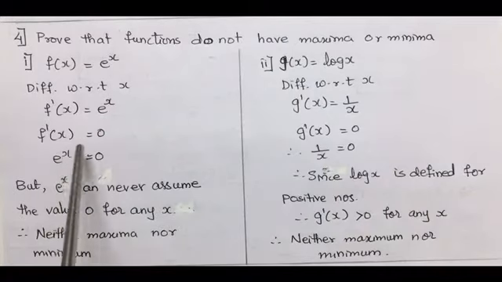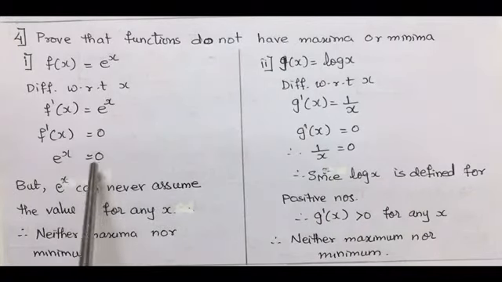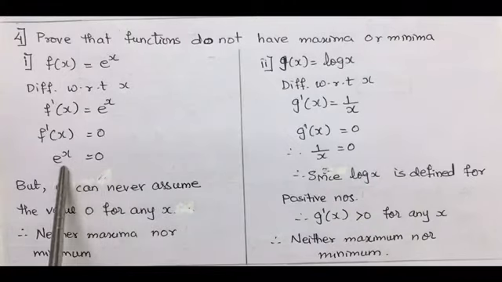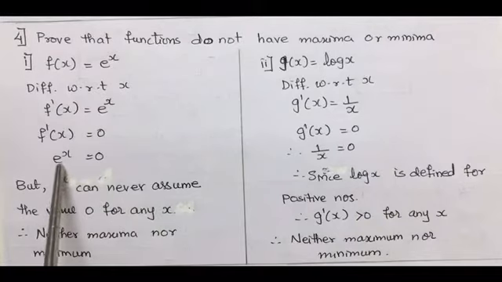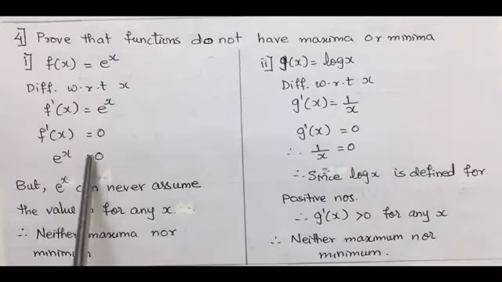Then if we equate f dash x to 0, e raised to x will be equal to 0, but as e is a constant, the exponential whose value lies between 2 and 3, that is 2.71, e raised to x will never be equal to 0.